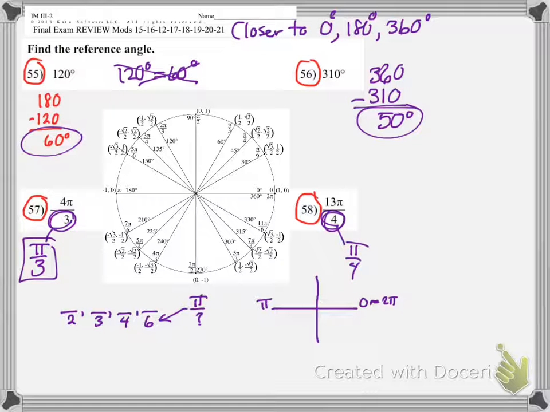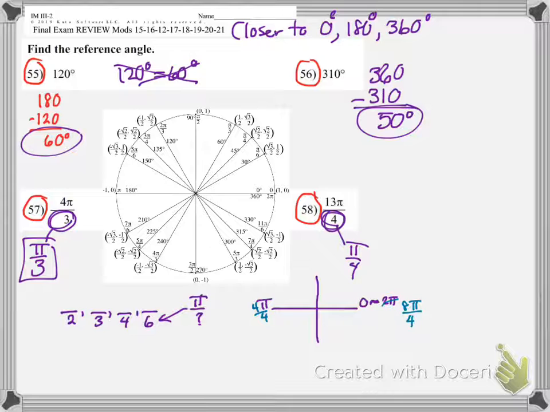So I would say that I have pi, but since I'm dealing with fourths, I'd say that this is 4/4 of pi, and this is 2 times 4, 8/4 of pi.